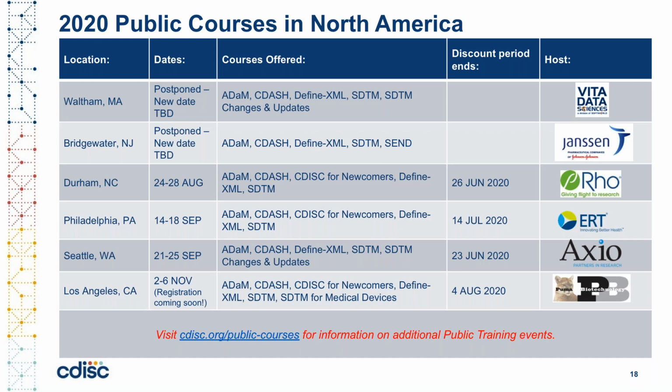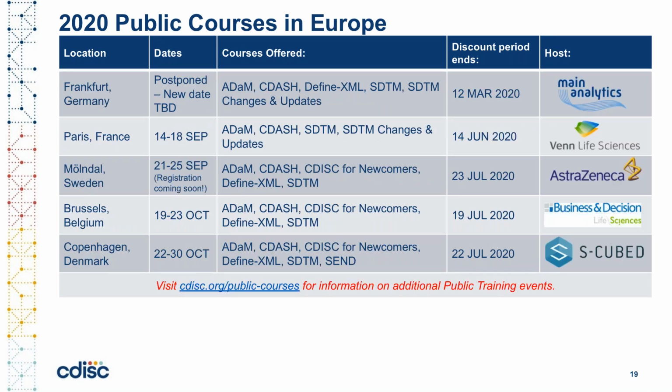We are obviously keeping well on top of stay-at-home orders and the general wisdom from our health professionals in relation to the COVID-19 situation, so we will make adjustments as that information comes in. Same thing for Europe. Our Frankfurt training got postponed. Everything after the summer is still in place.